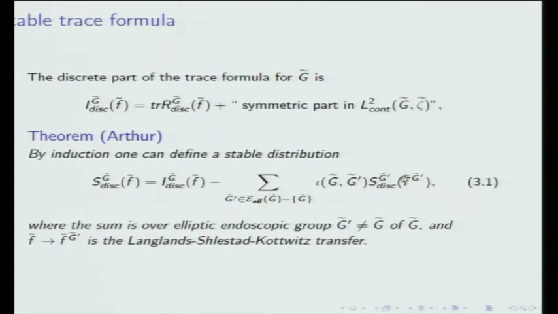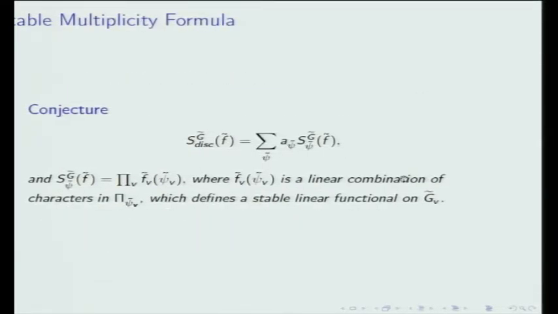So in some sense, the stable distribution on G tilde prime, the global analog of that is already in the formula, and also you have the global analog of characters on G tilde. But because it is a conjecture, we don't know exactly that it takes this form.